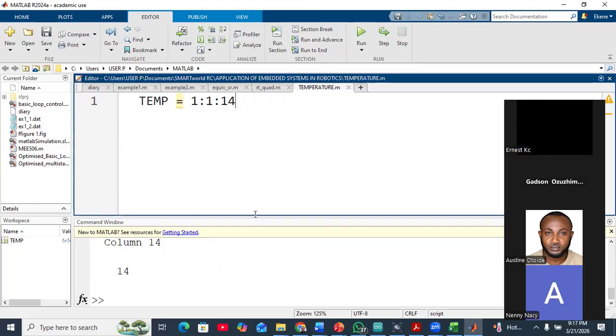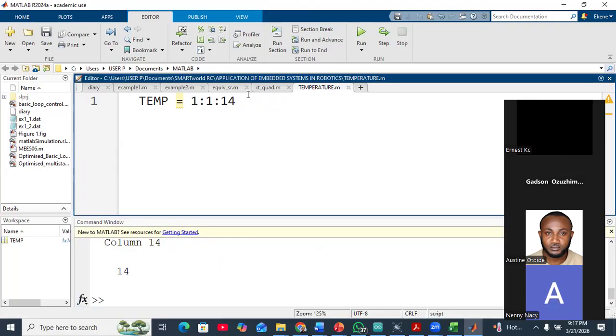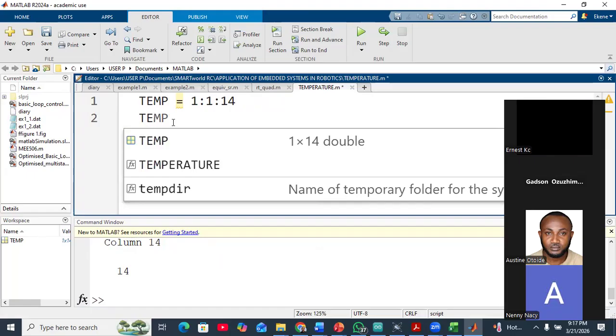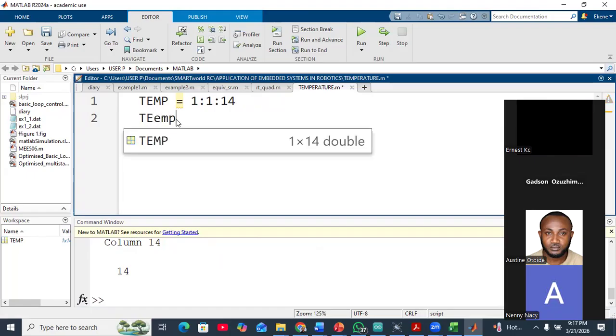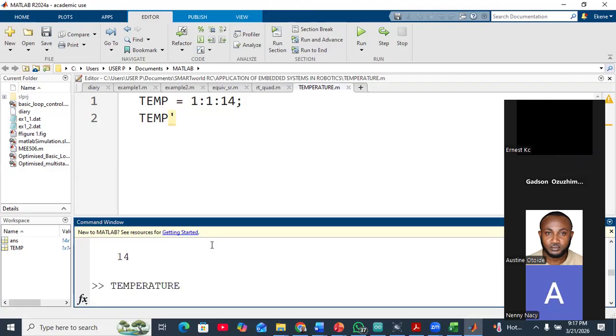If you really want to see what I mean, you get the transpose of the temperature. Let's suppress this one. Can you see what it had just generated? 1, 2, 3, up to 14.